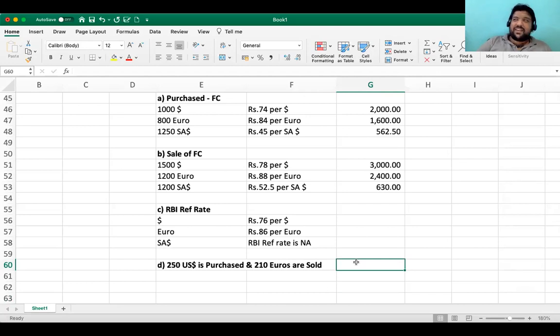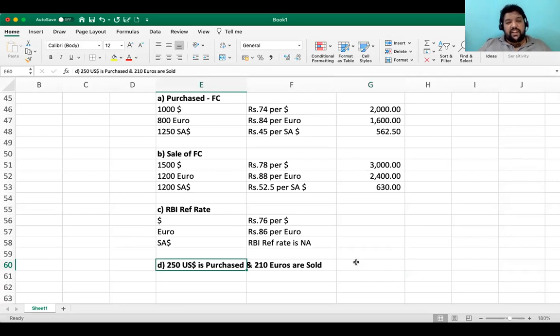Come back here. Pick D. Answer D. Rajarajeshwari came with the answer. Can somebody confirm it? I have an answer. Can some of you confirm? $250 US, 210 euro.